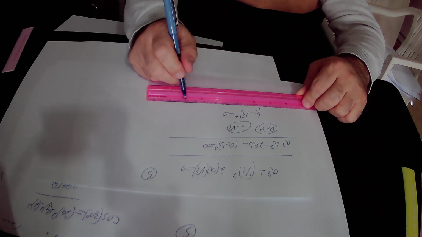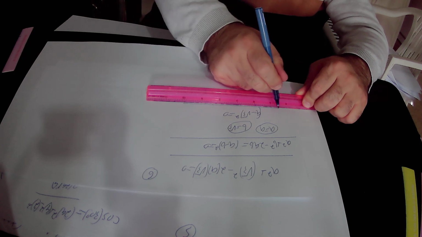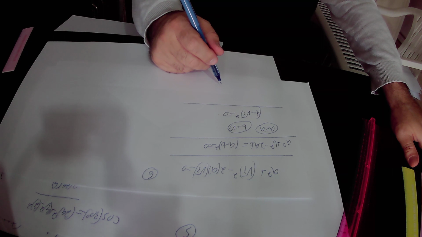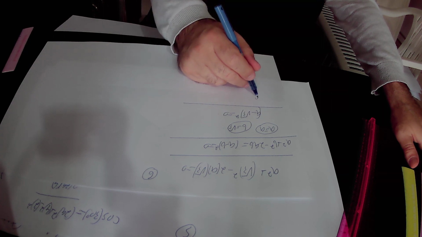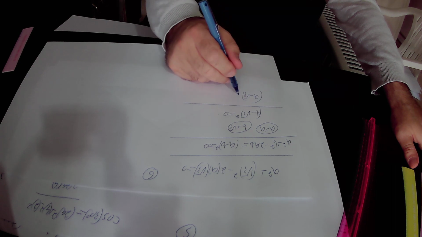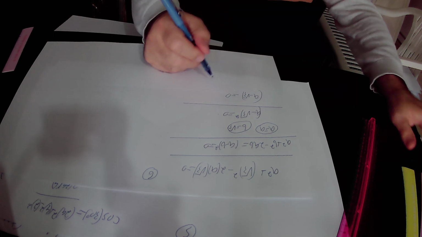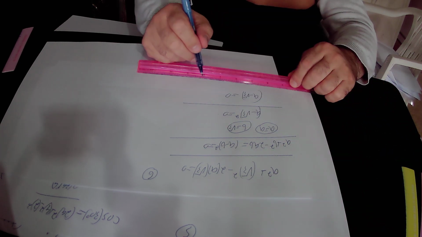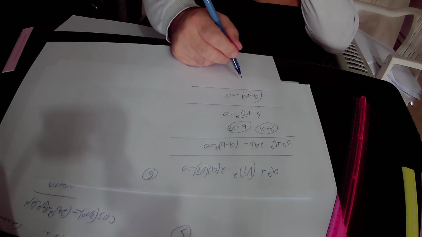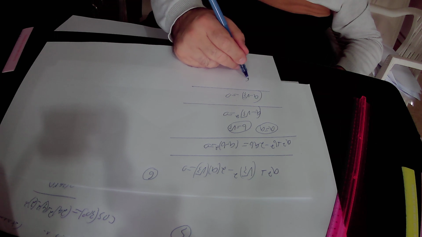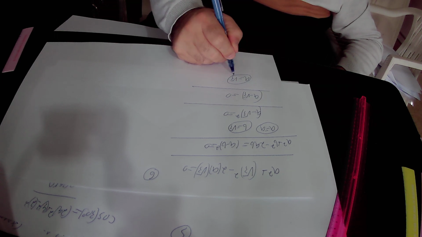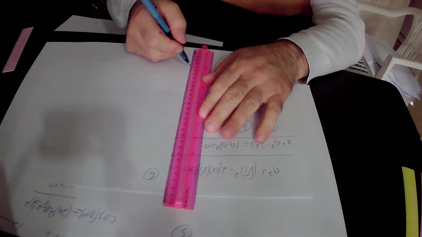Here we take the root of this equation and get A minus square root of 3 equals 0, because the square root of 0 is 0. We add square root of 3 to the equation and get A equals square root of 3 units.